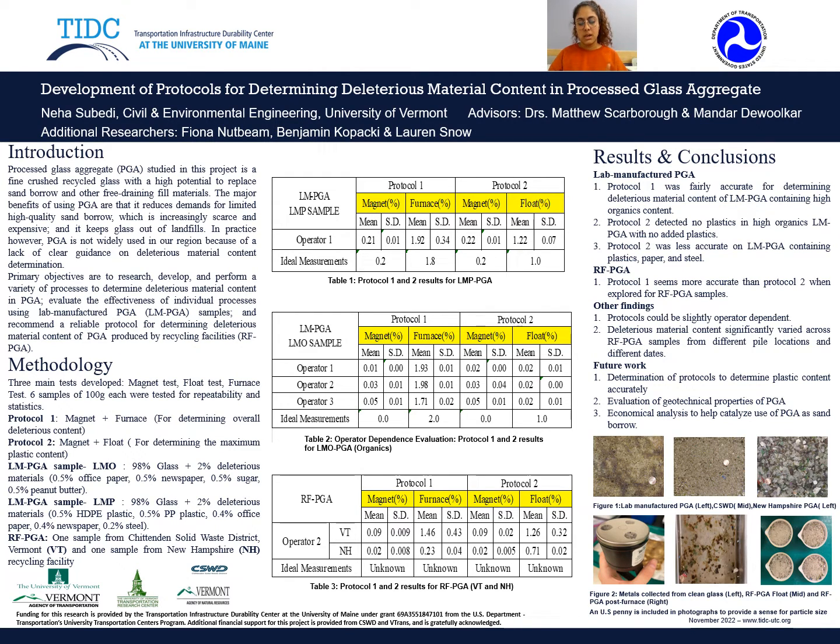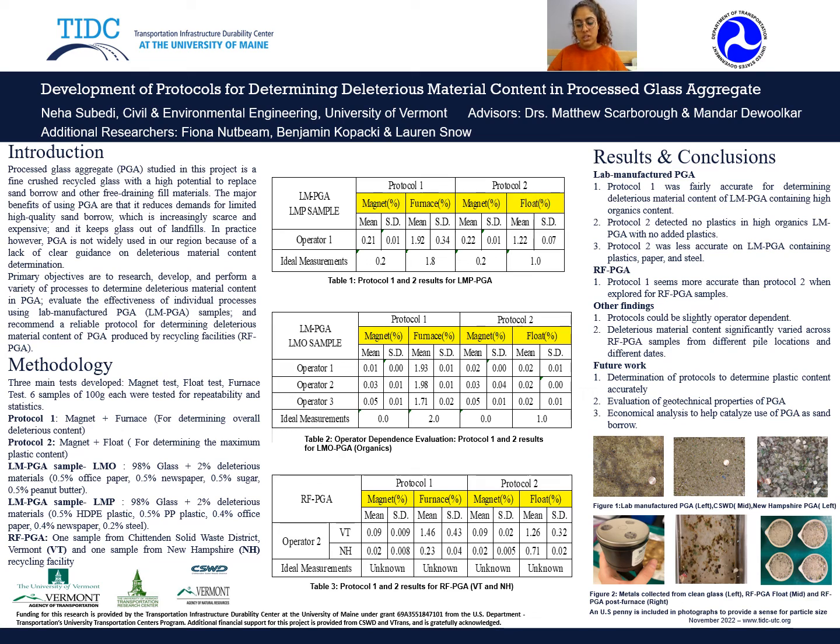Also, these deleterious materials, their quantity and quality differs from recycling facilities to facilities, by locations to locations, dates to dates. Therefore, every recycling facility before sending the PGA for further use are likely to carry out some tests on them to quantify the deleterious material contents in them.